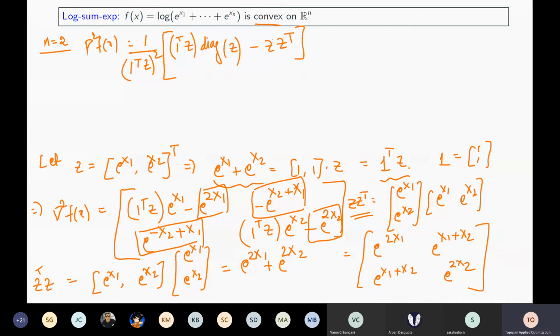Look, there is nothing common as such here. Neither e^x1 is common in all the terms, nor is e^x2. So taking common won't help here.